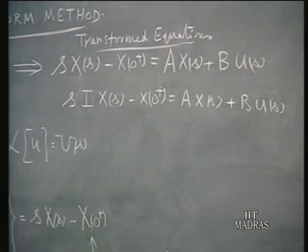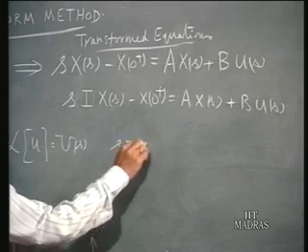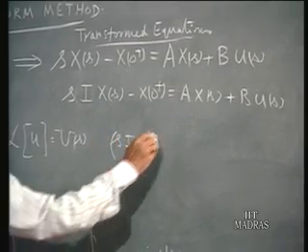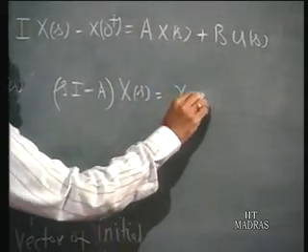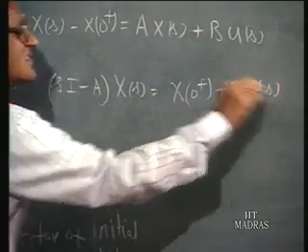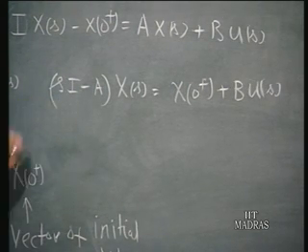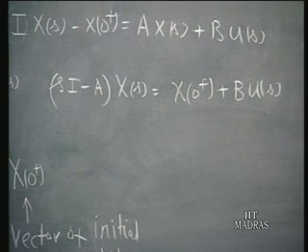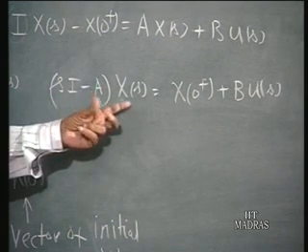If you transfer this to the other side, I can write this as sI minus A times x of s equals x0 plus B u of s. That is what you are having. This is a square matrix of dimension n by n, and we have to solve for x of s.